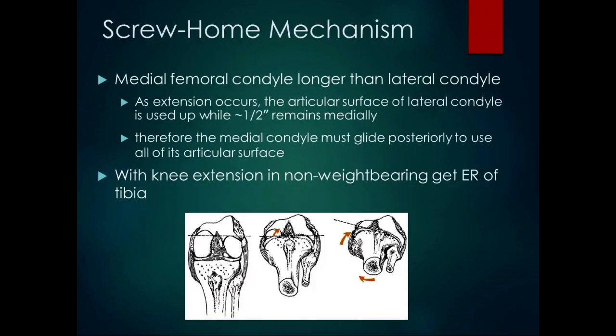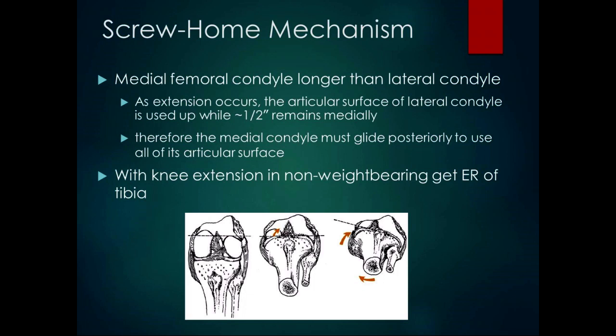So the osteological reason for the screw-home mechanism, or the reason we can do it, is because the medial femoral condyle is actually about a ½ inch longer than the lateral femoral condyle. So as knee extension occurs, the articular surface of the lateral condyle is all used up for its rolling and sliding, while there's still about a ½ inch medially.